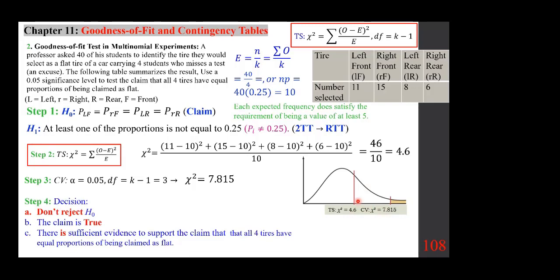So don't reject H0, and the claim becomes true. There is sufficient evidence to support the claim that all four tires have equal proportions of being claimed as flat. And of course, for the two-tailed test, the numbers happen to be the same as the previous one. This 4.6 is in between. If you were to graph that, again, for a two-tailed test, you end up with the same result.